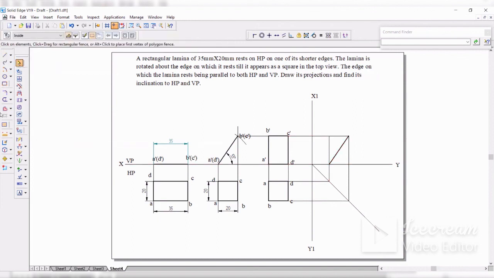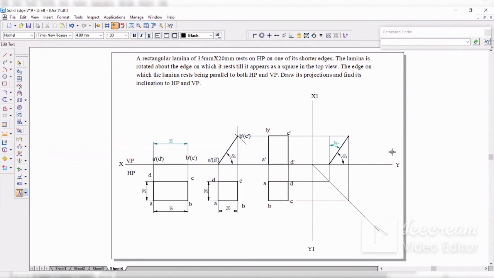Now you can check the distance or angle between these two. This is 55 as it is, because it was proven already. So now the VP inclination is 35. This is your final answer. Now before we conclude, we will write the values.